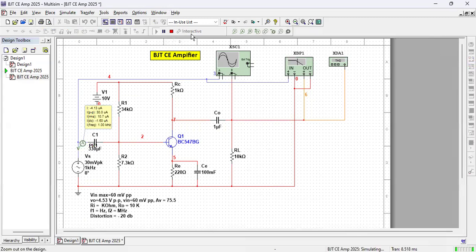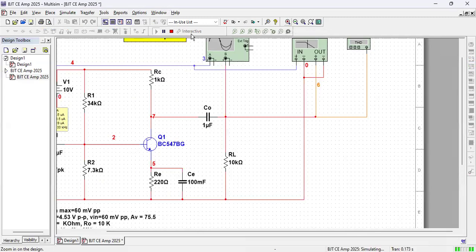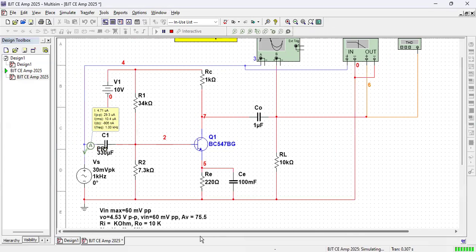Let me use a current probe and then zoom in for you. Peak-to-peak current of 29 microampere.